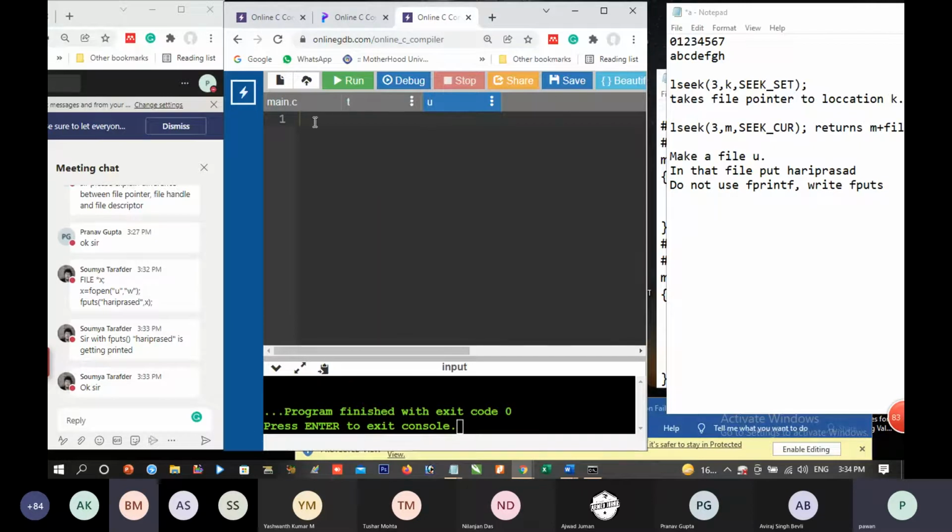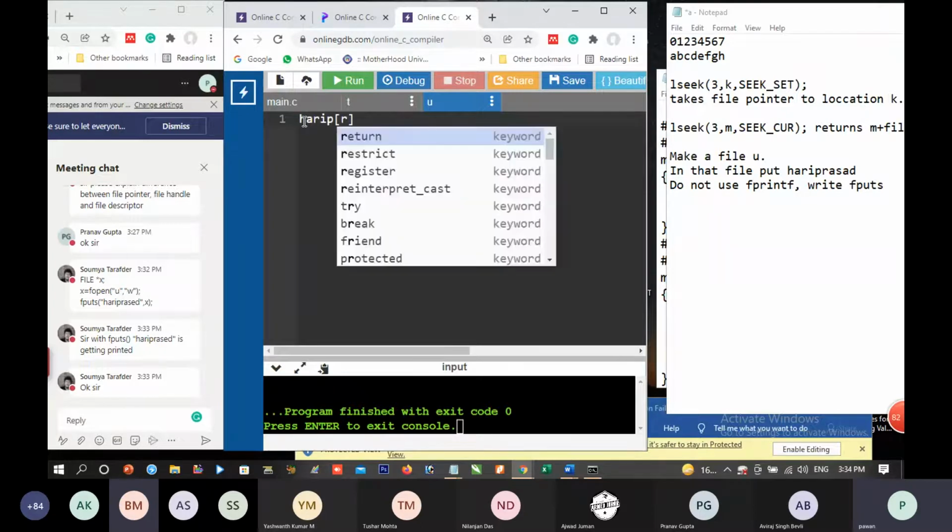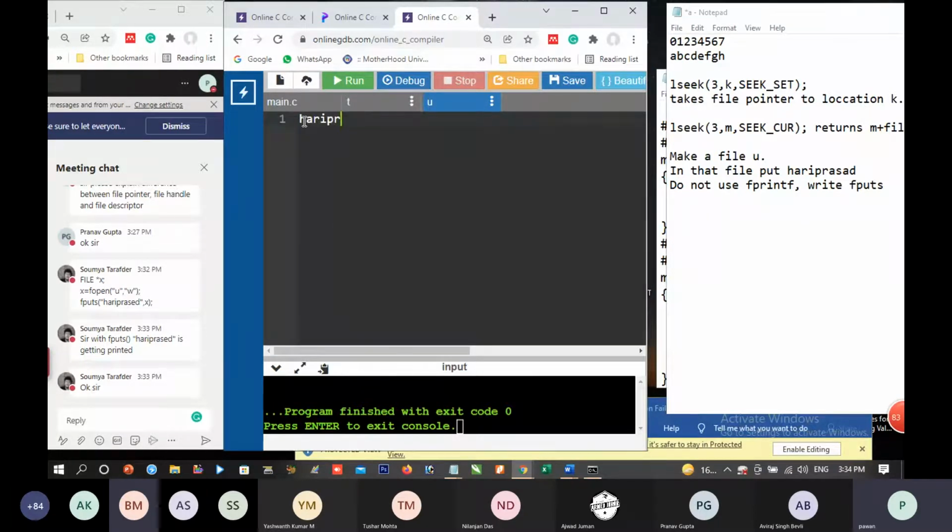Now we go to the file U and we physically type Hari Prasad. Is this method clear to you? In the GDB editor, you have to use this method. You have to do physical typing. Is this correct?